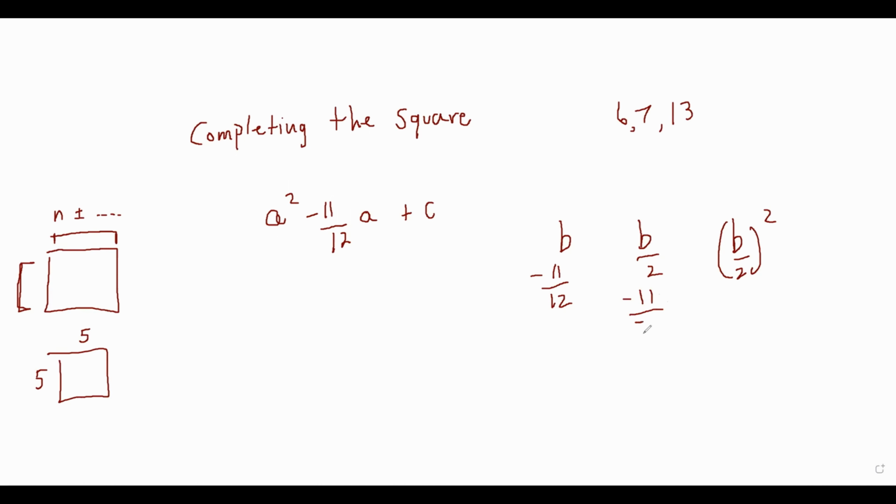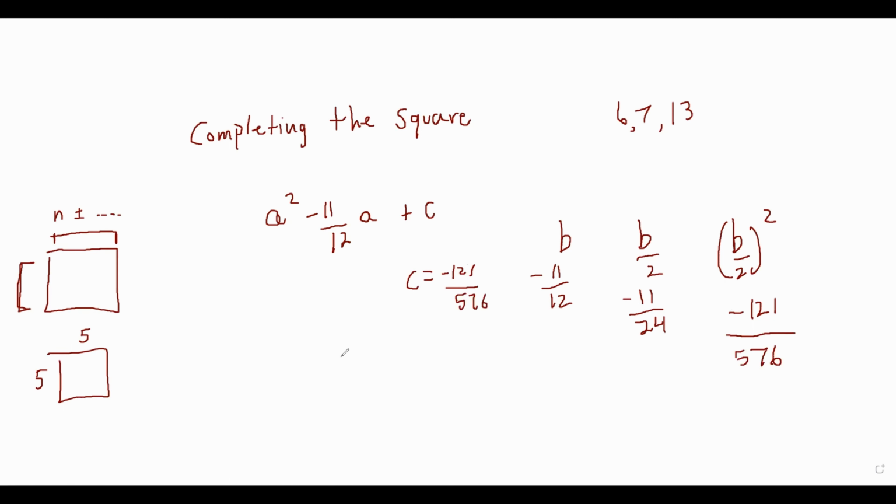Negative 11 over 24. And then this would be negative 121. I'm going to get out my calculator because I don't know what 24 squared is. 576. So our c is going to be equal to negative 121 over 576.